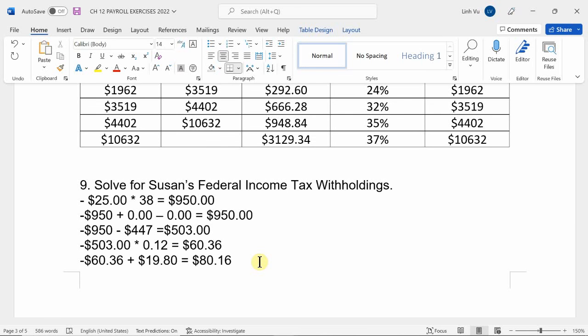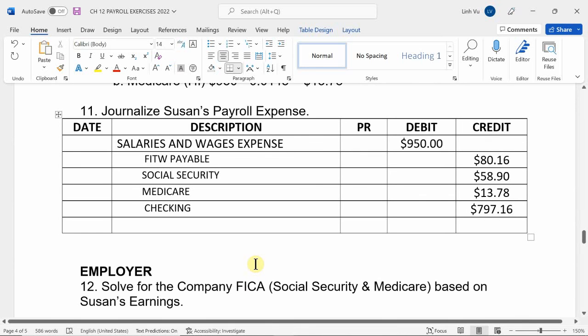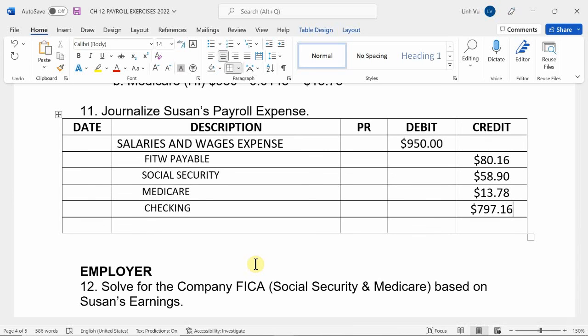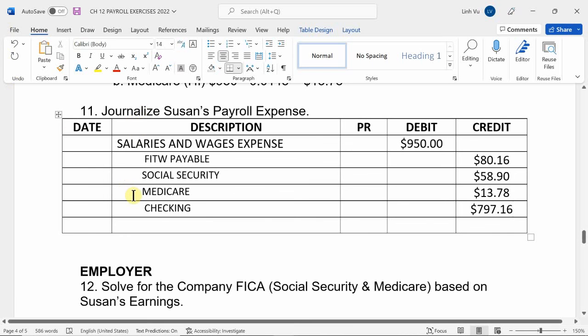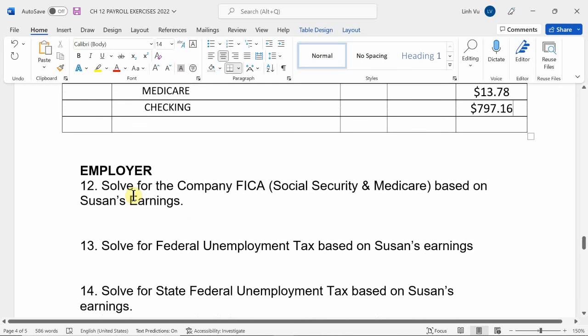Okay, cool. So she gets to take away $797. She's paying almost $150 worth of taxes. So again, the higher you earn, the more taxes you pay. So let's solve for the company's FICA based on Susan's earnings.